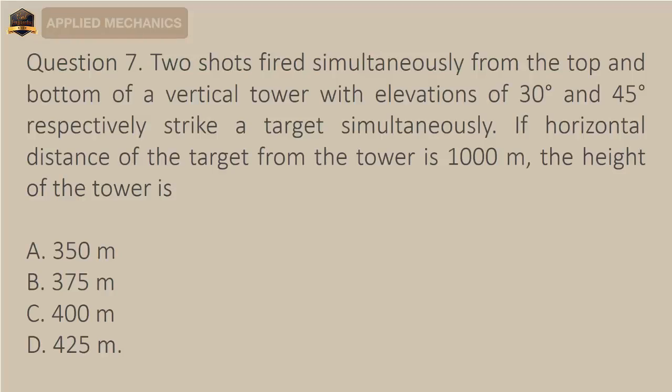Question 7. Two shots fired simultaneously from the top and bottom of a vertical tower with elevations of 30 degrees and 45 degrees respectively strike a target simultaneously.